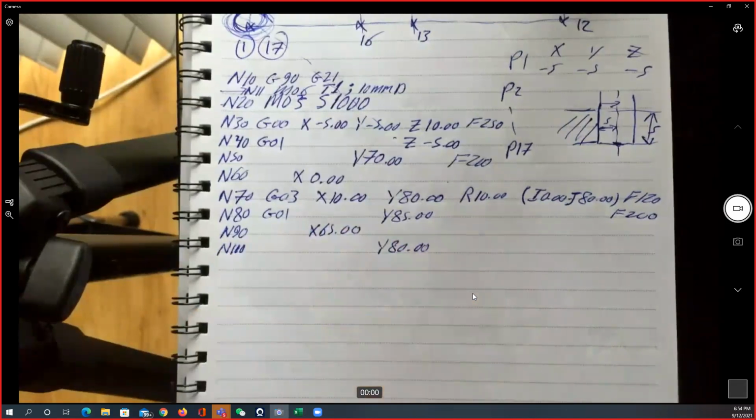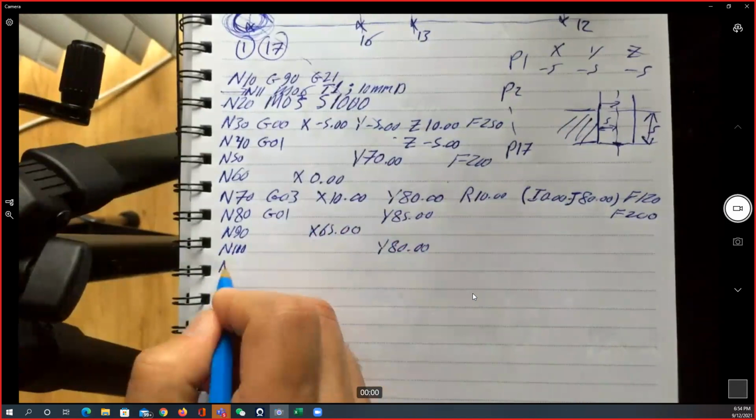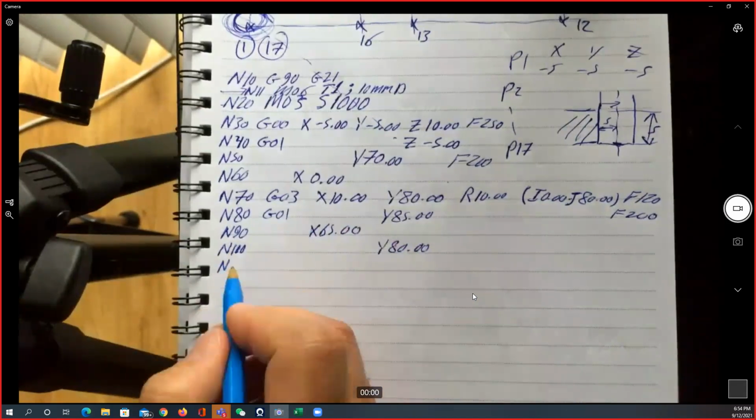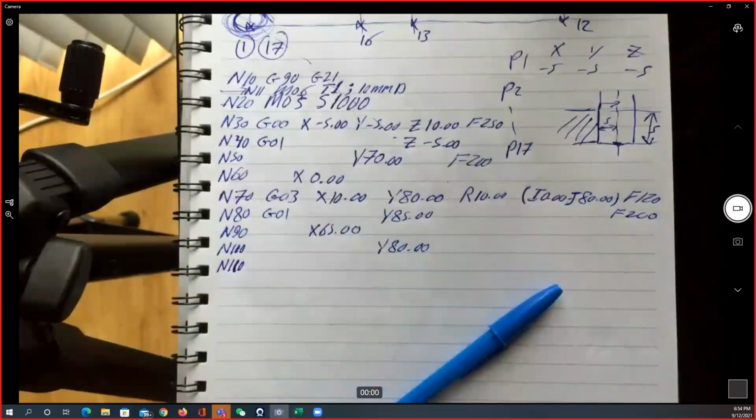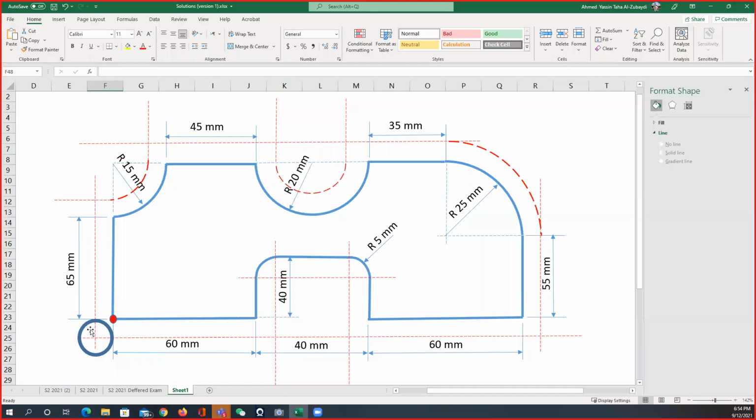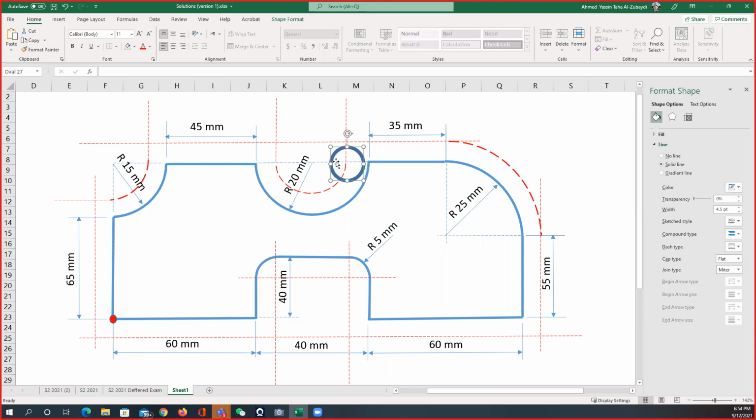Now, I need to go from point number 7 to point number 8 by circular interpolation. So that's what we're going to have. Now I'm here, and I need to take it to here. So the X and the Y of that point are going to be required.